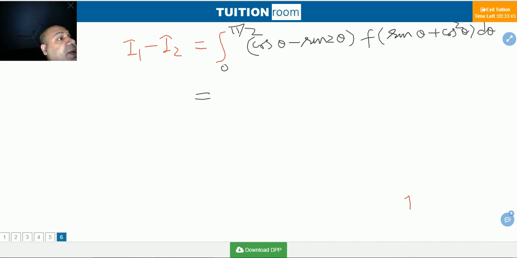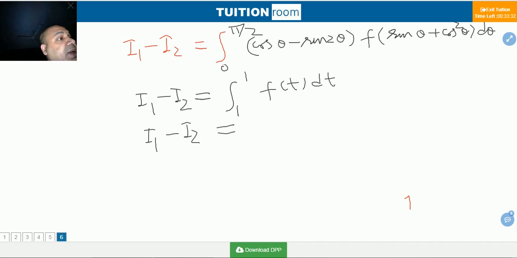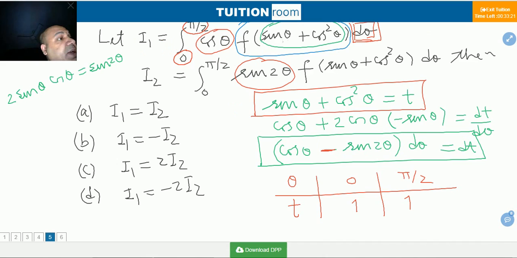If we put in the values, we will get the integral from 1 to 1 of f(t) dt. And I have told you the first property: if the lower limit and upper limit are the same, the value of the integral will be 0. This implies that I1 is equal to I2. Hence, our correct answer will be this. Then guys, copy it, then I will proceed to the next problem.